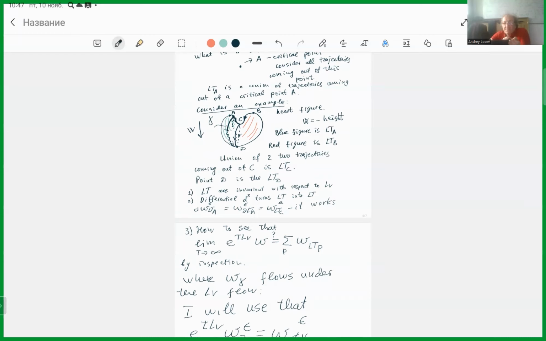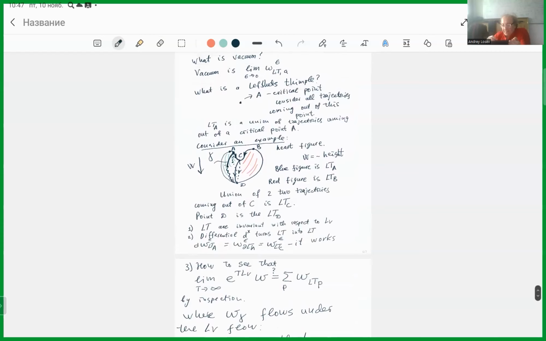So duality was already made in, it's called Poincare duality, in writing differential form that corresponds to the figure. But you see, I drew you the picture.